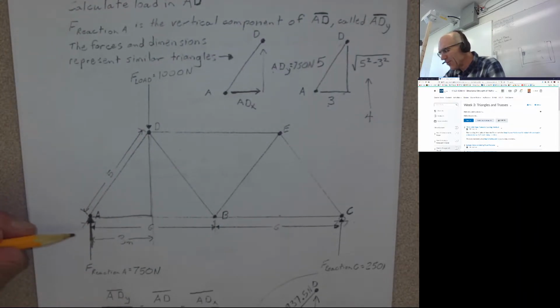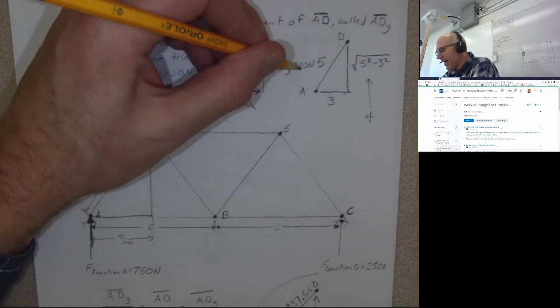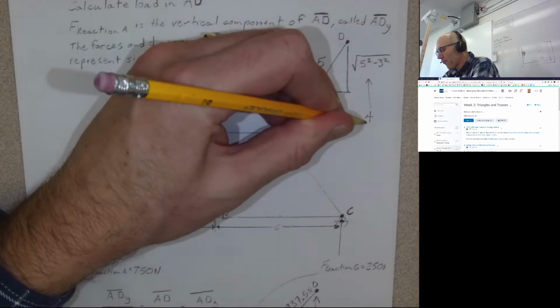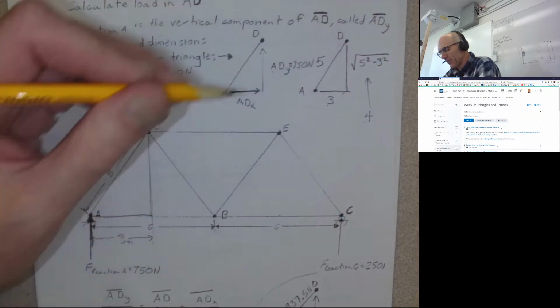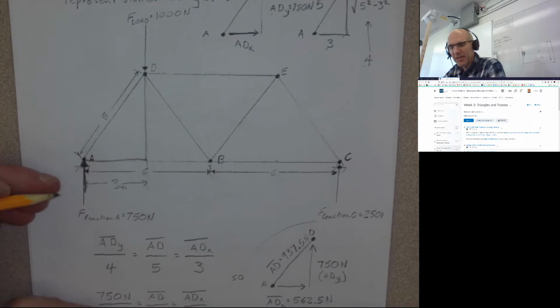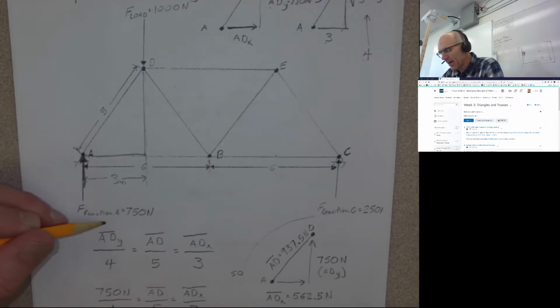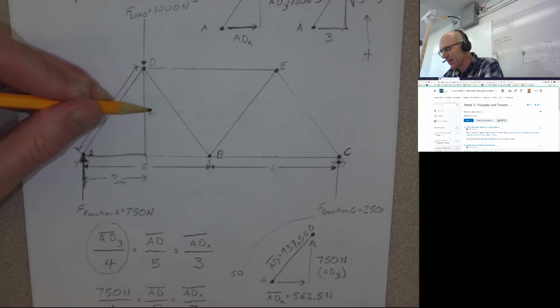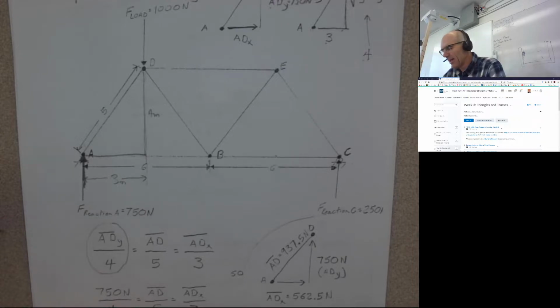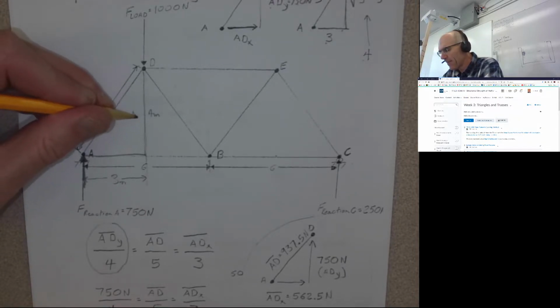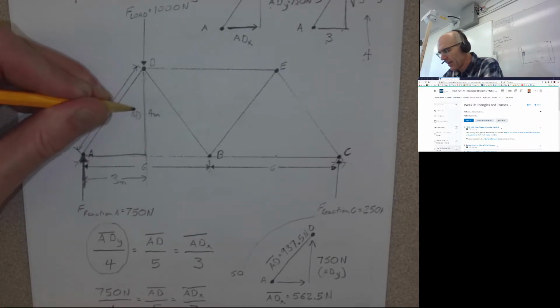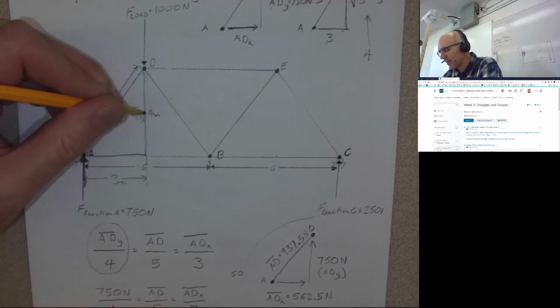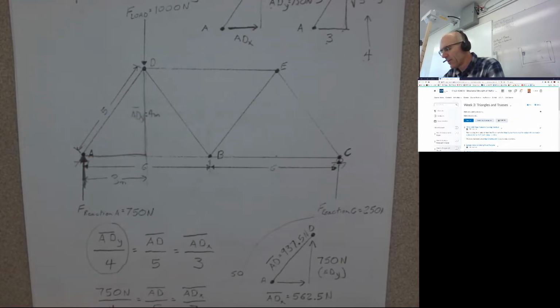So what we know is that our AD acts in the 4-meter direction. That's the vertical direction right in there. So I can come in here and say that my ADY force is proportional to the 4-meter direction, this side right in there. So ADY, the AD vector Y component, is proportional to 4.